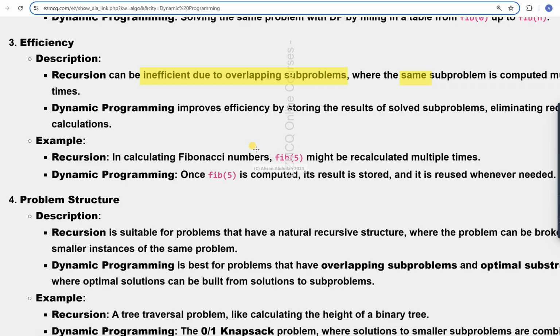For the Fibonacci series, Fibonacci 5 might be recalculated again and again, but in dynamic programming only once, and then reused. In recursion, the problem structure suits problems that have a natural recursive structure. But dynamic programming is best for problems that have overlapping subproblems and the optimal substructure property. Then you can capitalize on dynamic programming.